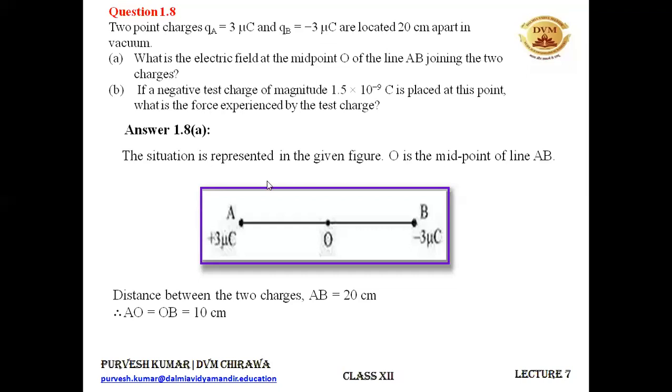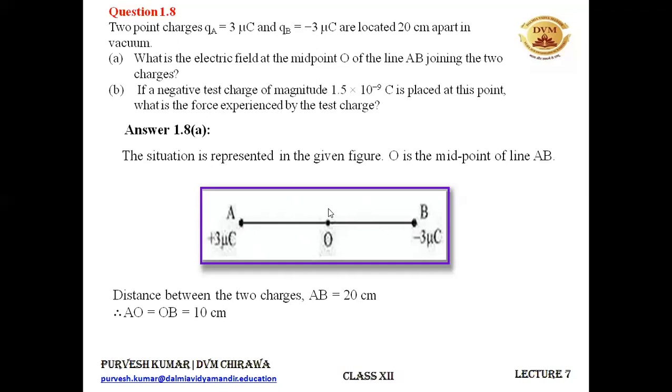We are having two charges, A and B. At A plus 3 microcoulomb is placed and at B minus 3 microcoulomb is placed, and the distance between A and B is 20 centimeter. O is the midpoint. Since AB is equal to 20 centimeter, AO has to be equal to OB equal to 10 centimeter.